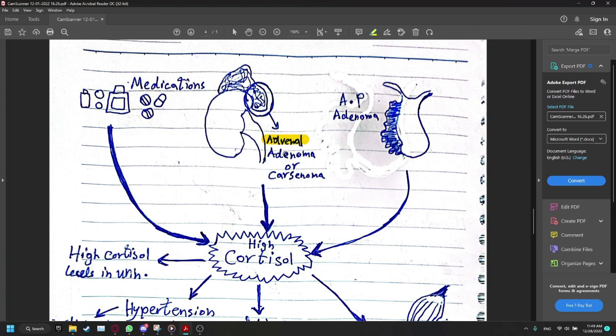It could be an adenoma or a carcinoma in the adrenal gland, or it could even be a medication, like someone who takes too much cortisol medication and basically overdoses on it.